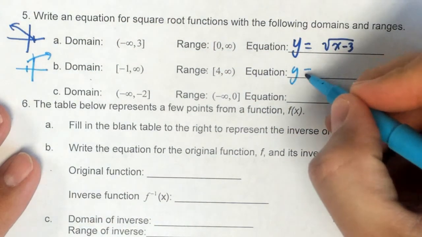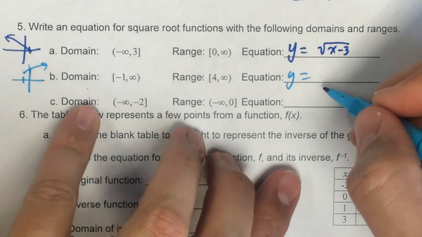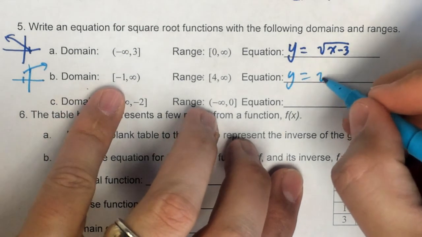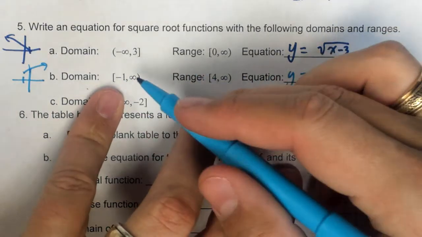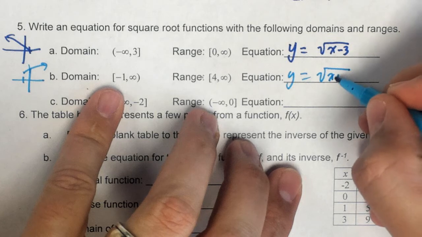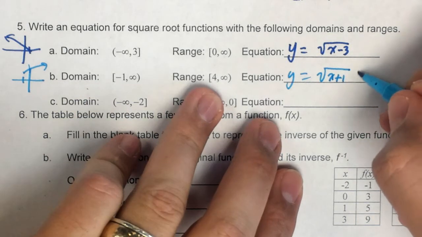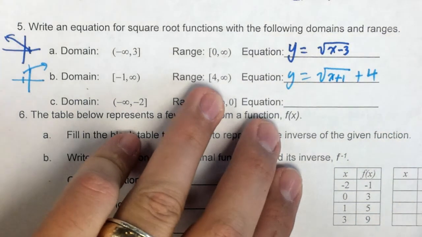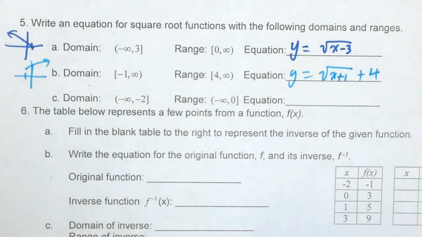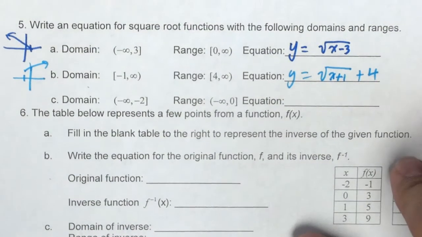So my equation, again, I don't care about stretching and compressing because it doesn't change domain or range. My domain, inside change, it's shifted to the left, which means x plus 1, and then it is shifted up. Let y'all finish that last one off.